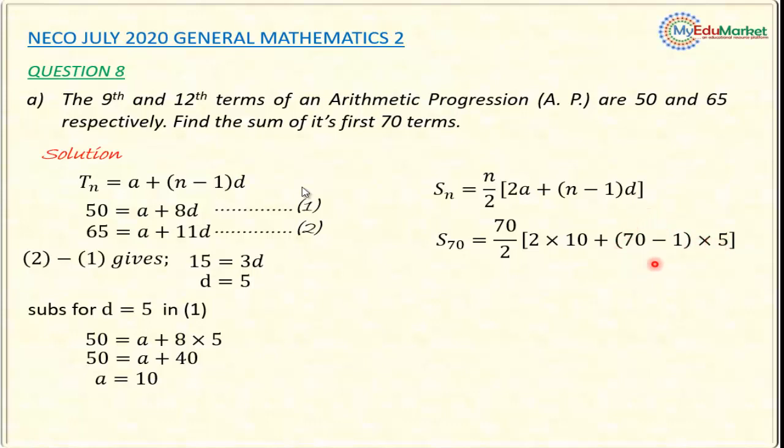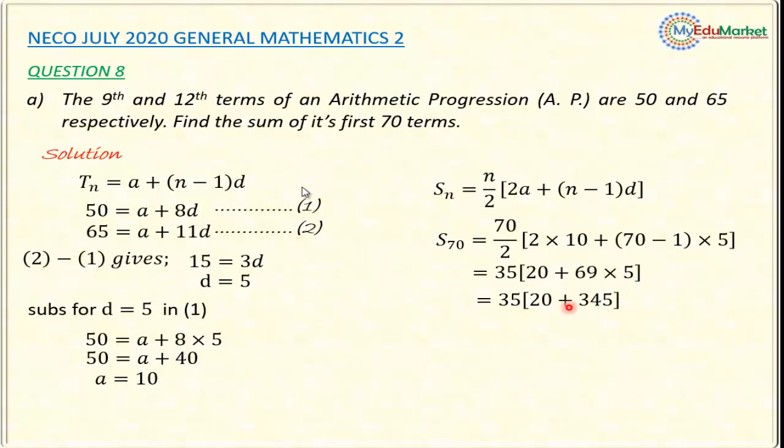I'm going to simplify this. 70 divided by 2 is 35, 2 times 10 is 20, and 70 minus 1 is 69, then times 5. So I'm going to multiply before adding. So I have 35 into (20 plus 345). 345 is the result of multiplying 69 by 5.